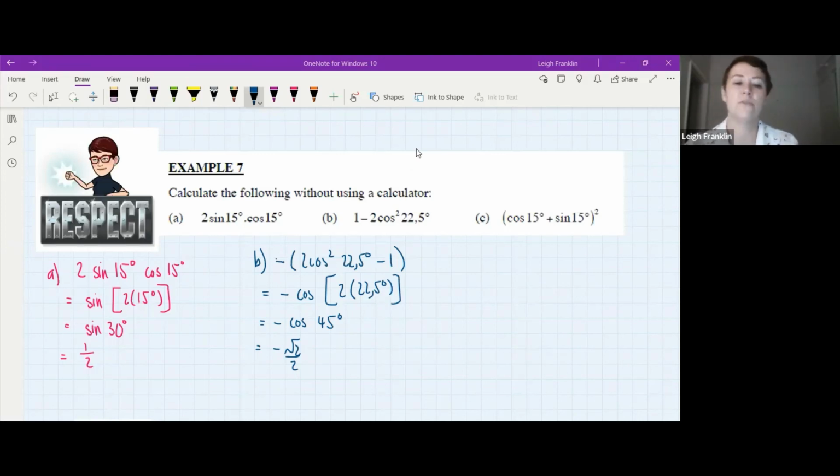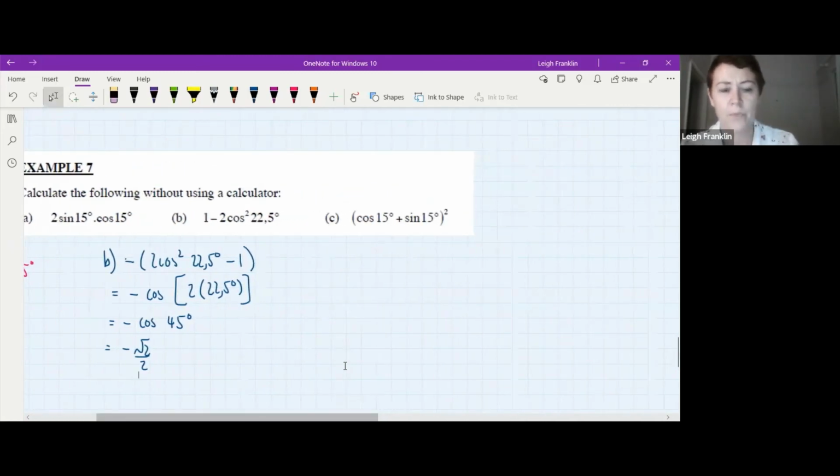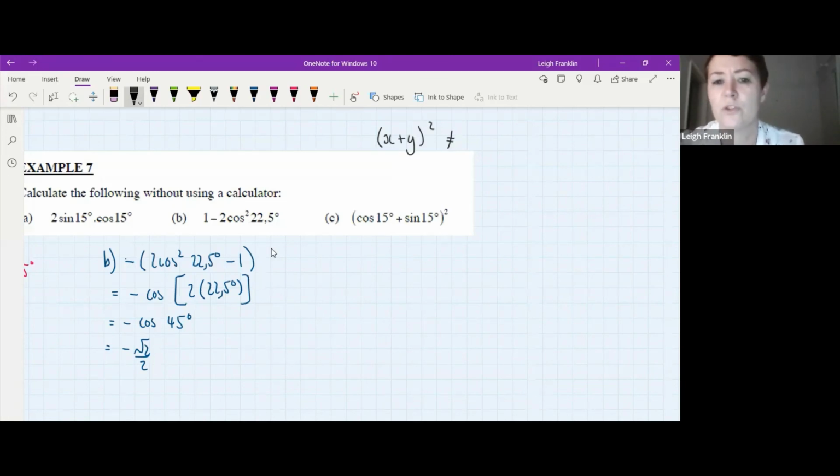And I think this is a really nice one to do, very, very important in my opinion. So often in matric, it's the things that we're supposed to know that end up letting us down. If we're back in grade 9, grade 10, and they tell us to square a binomial, like x plus y squared, there are so many matrics that make the mistake of just squaring the first term and squaring the last term.